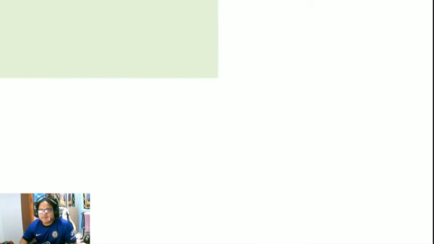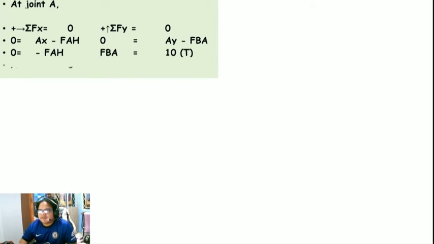So I am using the method of joints. First we go to joint A, using the sum of Fx and Fy. Actually, for each joint, the technique is almost the same, using the sum of Fx and Fy.